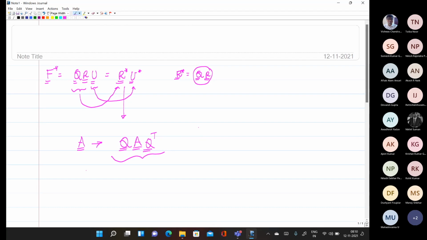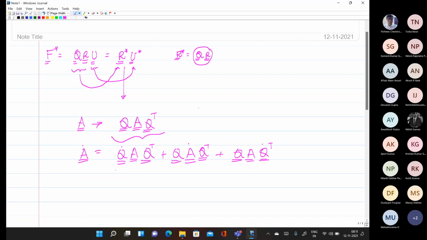Now, when we look at A dot, this is Q dot A Q transpose plus Q A dot Q transpose plus Q A Q transpose dot. So if we want this to be objective, these two together must be 0, right? Correct. So how is that possible?